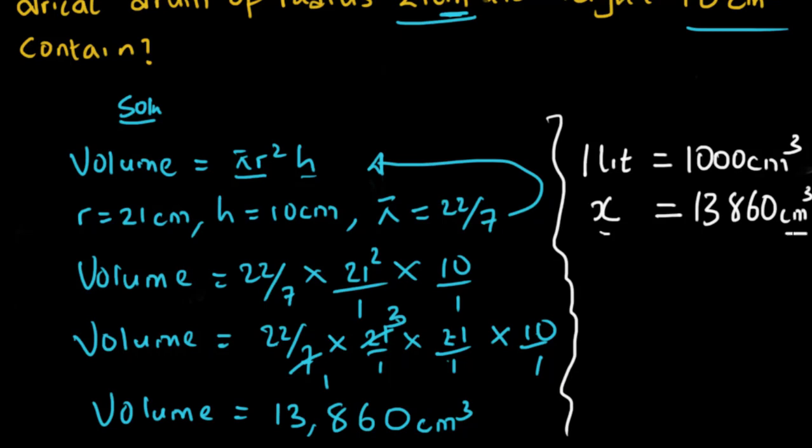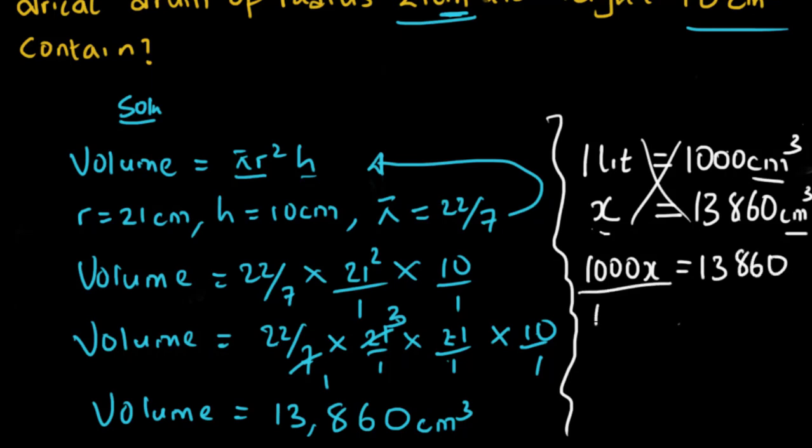So centimeter cube will be under centimeter cube. If we know that 1 liter is equivalent to 1000 centimeter cube, the question is how many liters is equivalent to 13,860 centimeter cube. So we just cross multiply. X times 1000 gives us 1000x equals 13,860 times 1, which is 13,860.